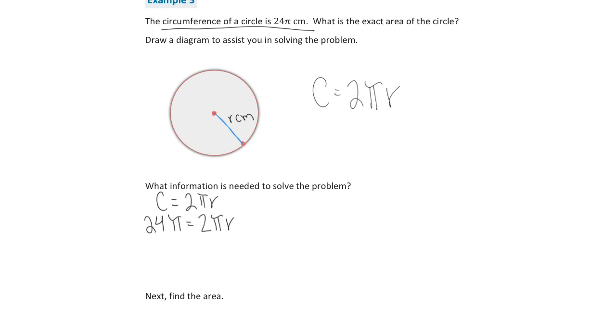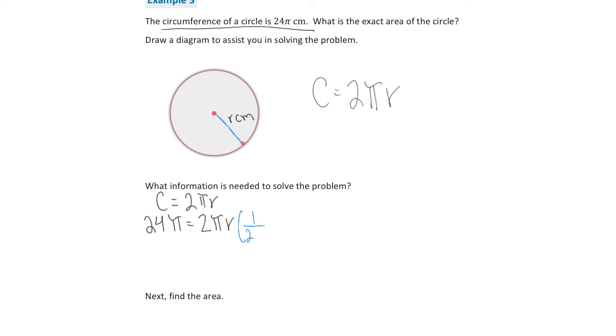Now, in order to get r by itself, we need to look at 2 pi here. We're going to use the multiplicative inverse of 2 pi and multiply it by both sides, because what we do to one side, we have to do to the other.